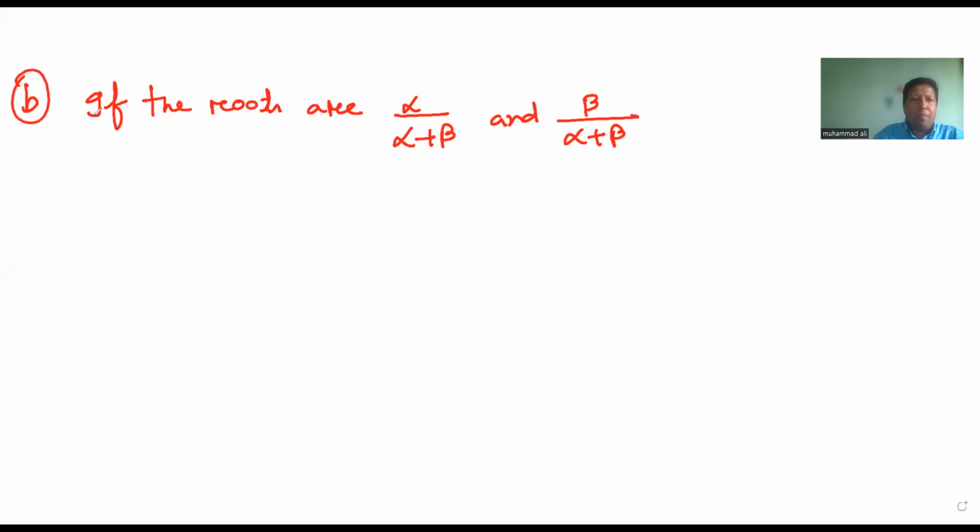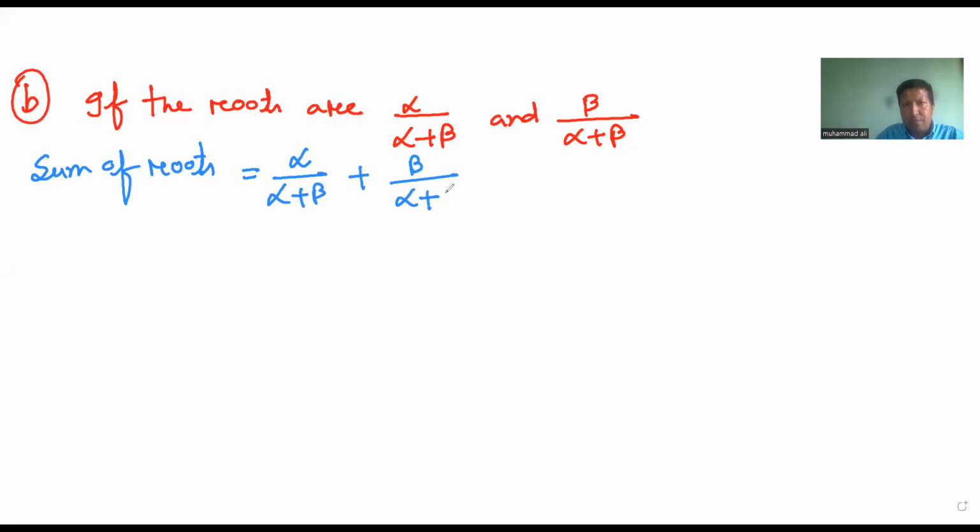Okay. Part B, if the roots are alpha by alpha plus beta and beta by alpha plus beta. So we have to write the sum of roots equals alpha by alpha plus beta plus beta by alpha plus beta. If we take the LCM, it will be alpha plus beta, and the upper side is alpha plus beta. So if we cancel, we get here 1.